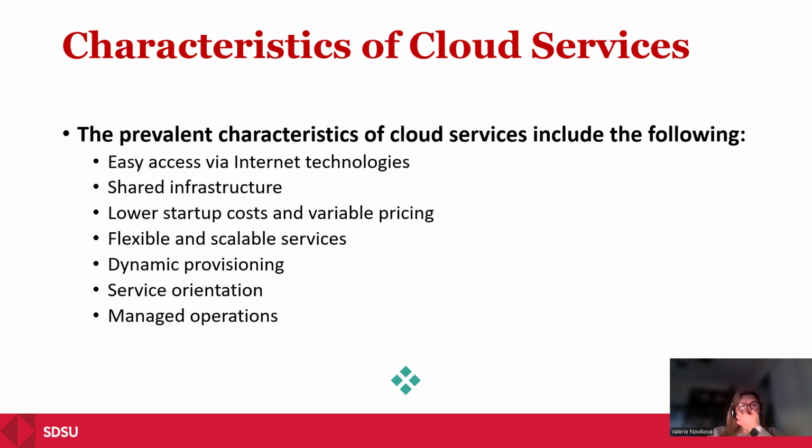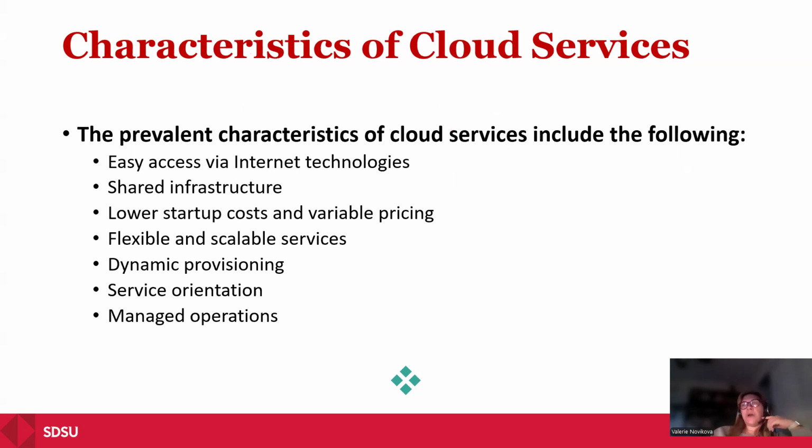Now, characteristics of cloud services. They are accessed via the internet. They use the same shared infrastructure for everyone, so it's kind of a shared garden environment. They are easy to start.